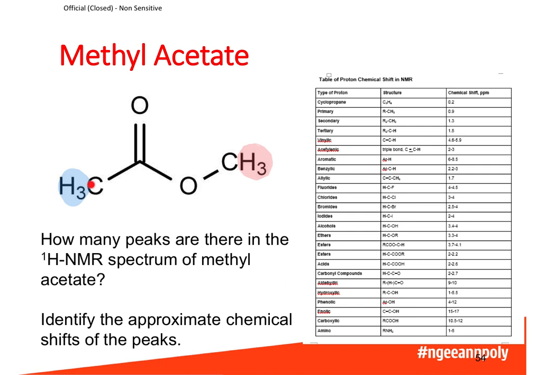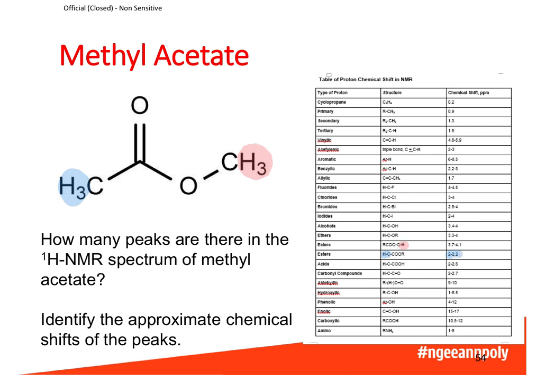Let's first look for the chemical shift corresponding to the hydrogens on a carbon next to the carbonyl group in an ester. In the table of proton chemical shifts, we can see 2 entries for esters. One is for the hydrogen that is bonded to the carbon next to the carbonyl group, and this has a chemical shift of between 2 to 2.2 ppm.